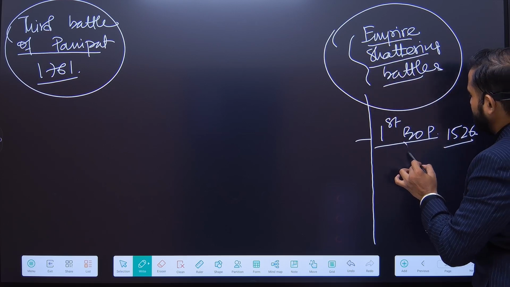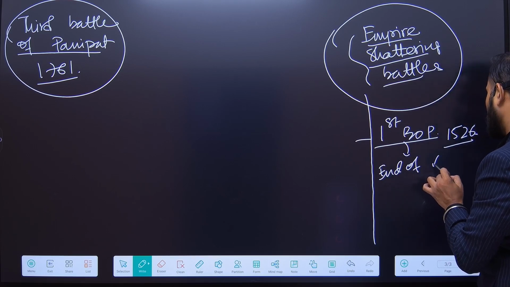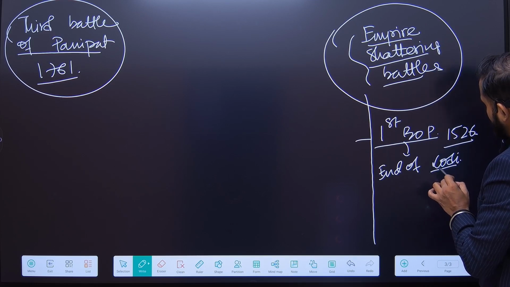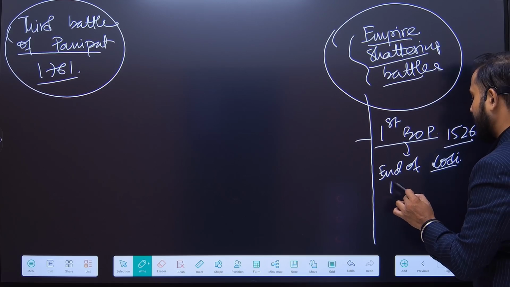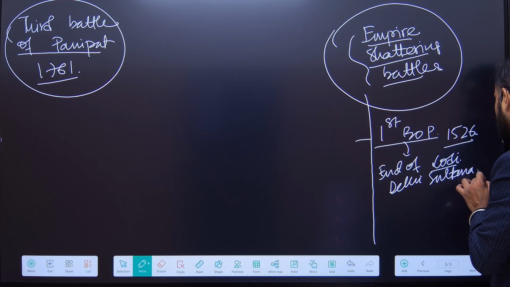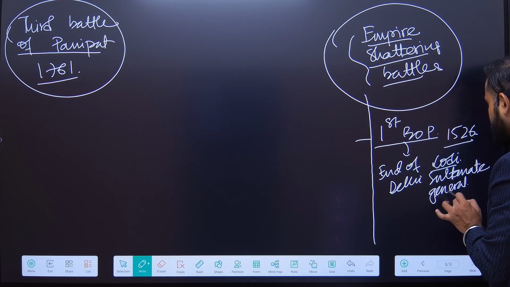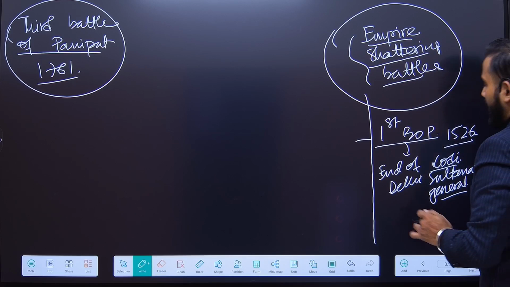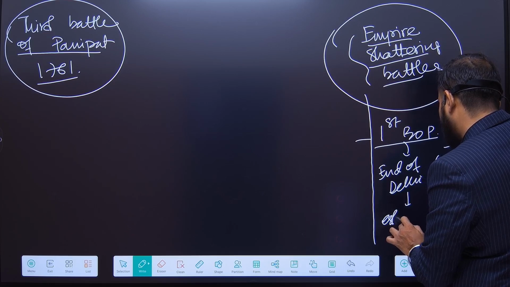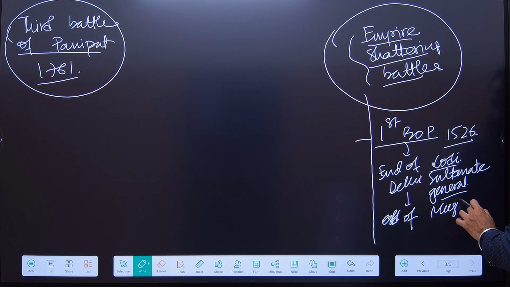It is leading to the end of Lodhis in general, Lodhis in particular, and Delhi Sultanate in general, and empire shattering because it led to the establishment of Mughal Empire.